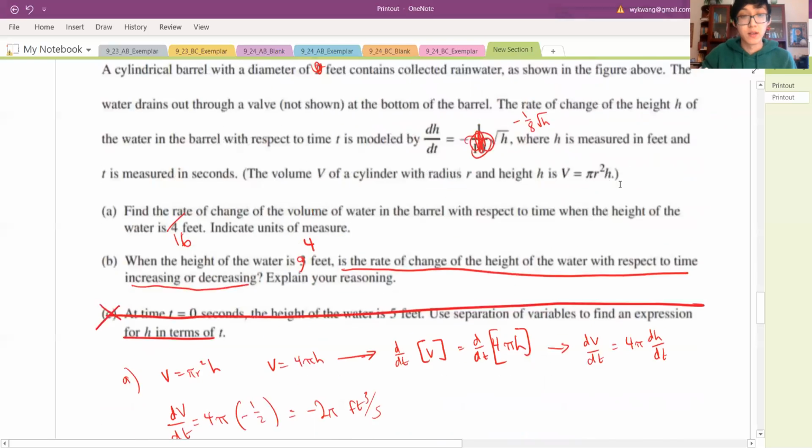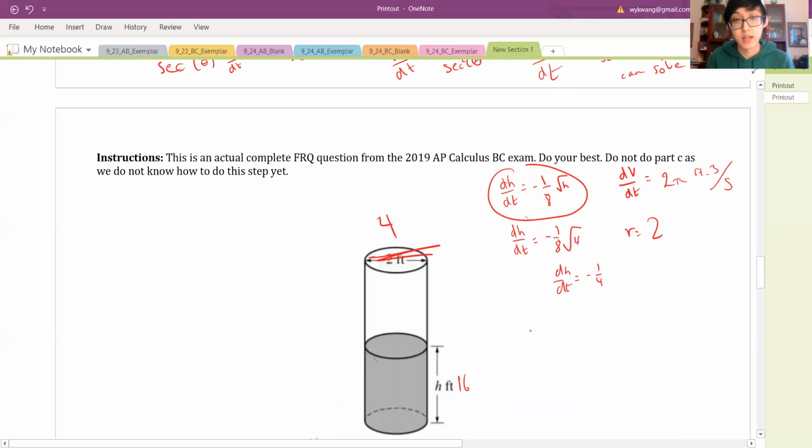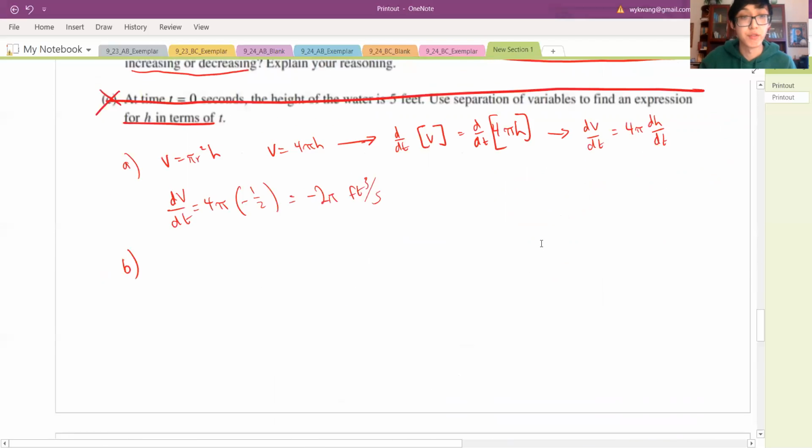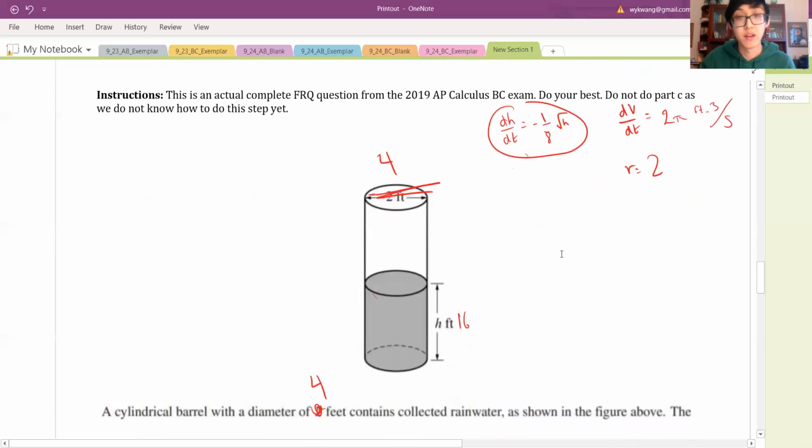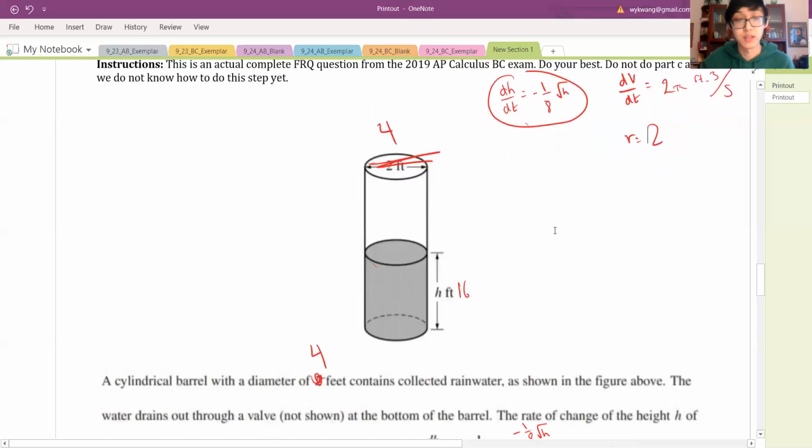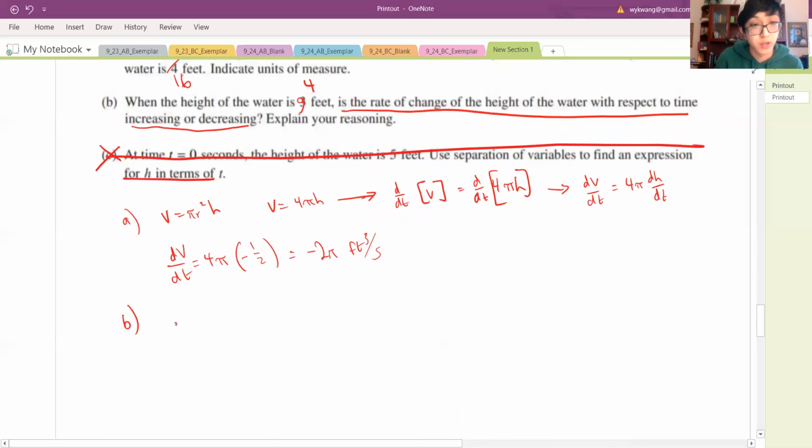So let's find out. We know that the rate for the height, dh over dt, is negative 1/8 root h. So let's find the second derivative of that to find out if the rate of the height is increasing or decreasing. The notation, I don't think you have to show it like this.